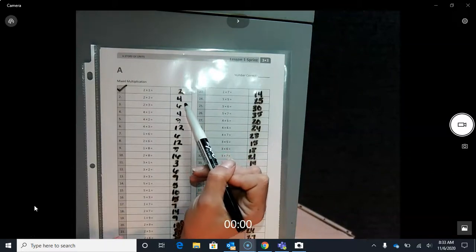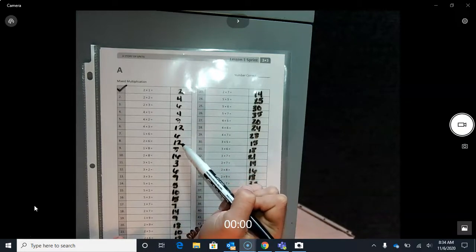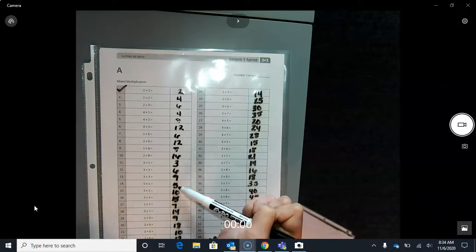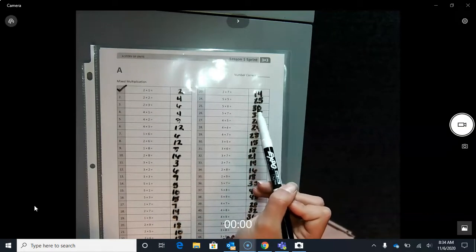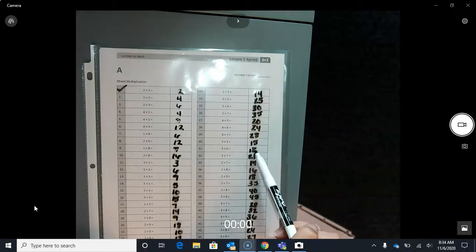Then 2 is 4, 6, 4, 8, 12, 6, 12, 8, 16, 3, 6, 9, 5, 10, 15, 7, 14, 9, 18, 10, 12, 14, 25, 30, 35, 20, 24, 28, 15, 18, 21, 14, 16, 18, 35, 40, 45, 28, 32, 36, 21.